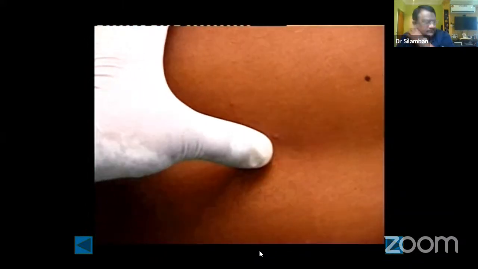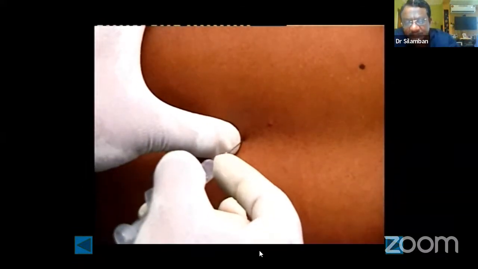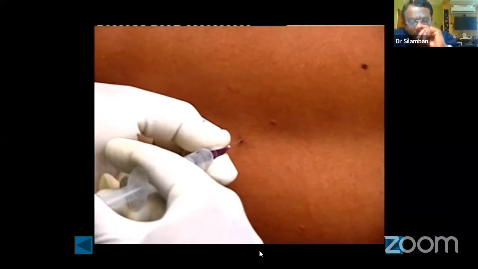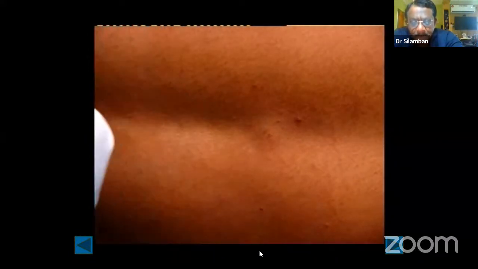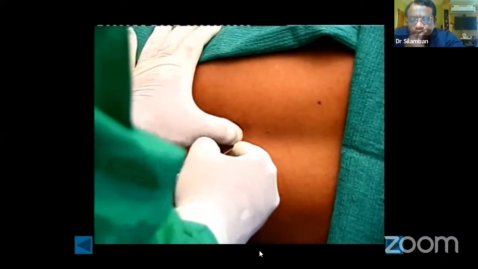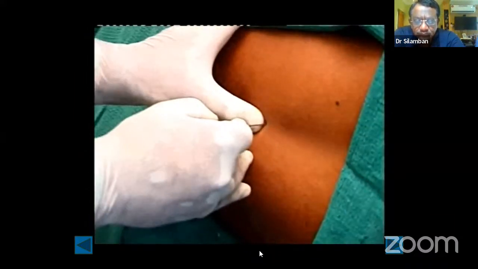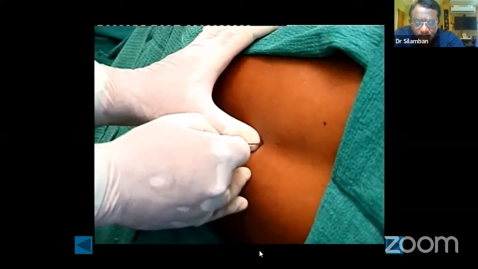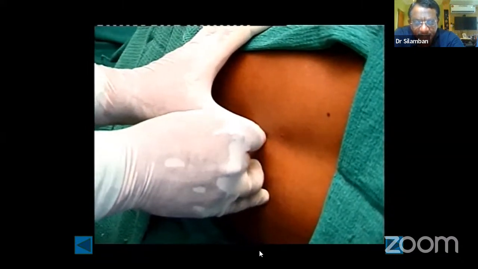So that is the space into which you are going to enter the needle, and see what I depicted in the previous line diagram. The same approach, the same technique, I am going to use to reach the lower thoracic epidural space. Needle entry. I am trying to hit on the lower spine.